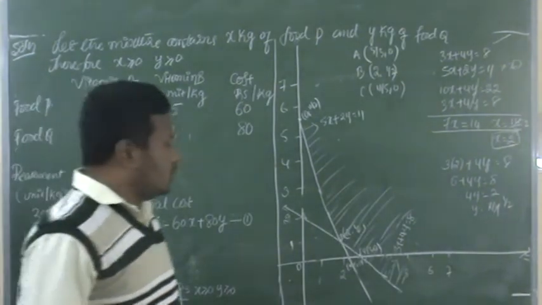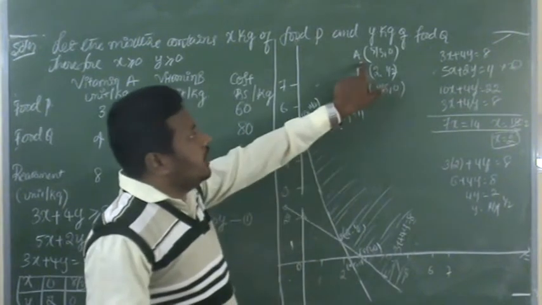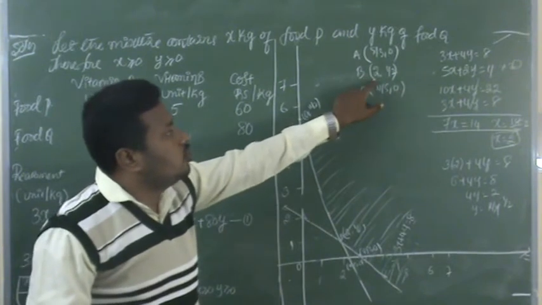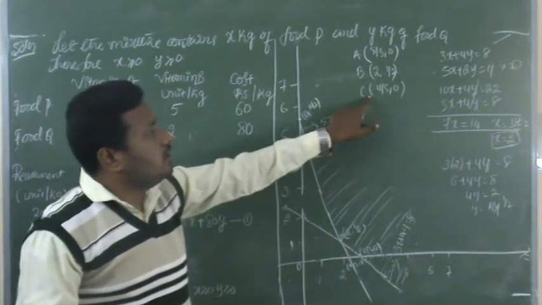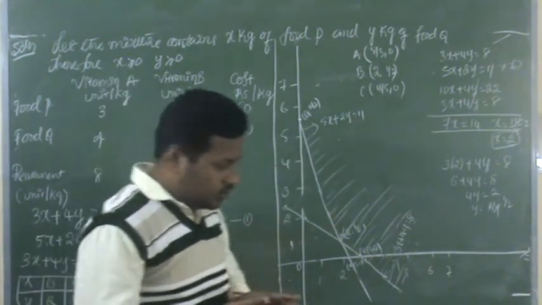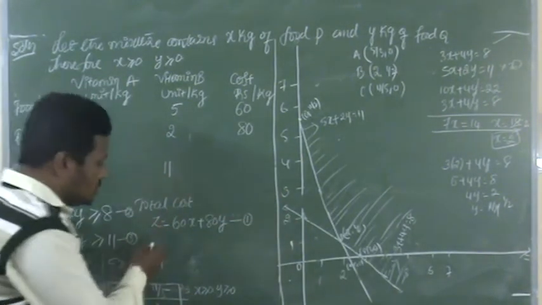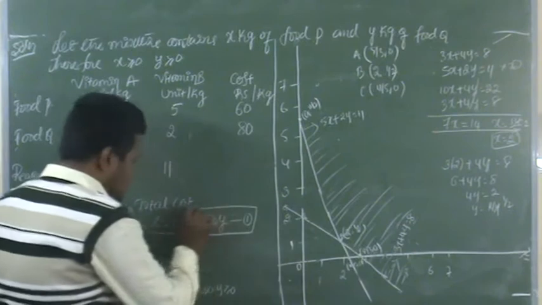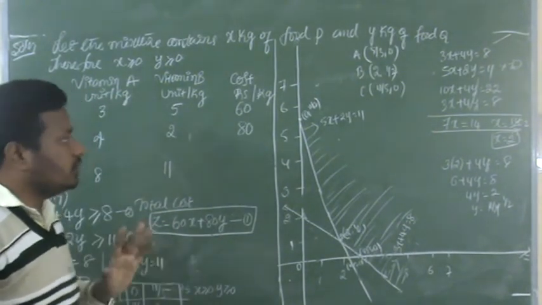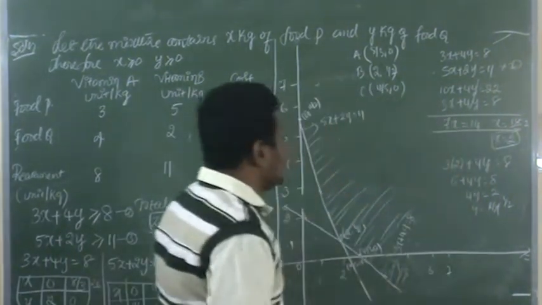Okay, now the corner points: A is (8/3, 0), B is (2, 1/2), and C is (11/5, 0). We substitute them in the objective function, z equals 60x plus 80y, to get the minimum cost.